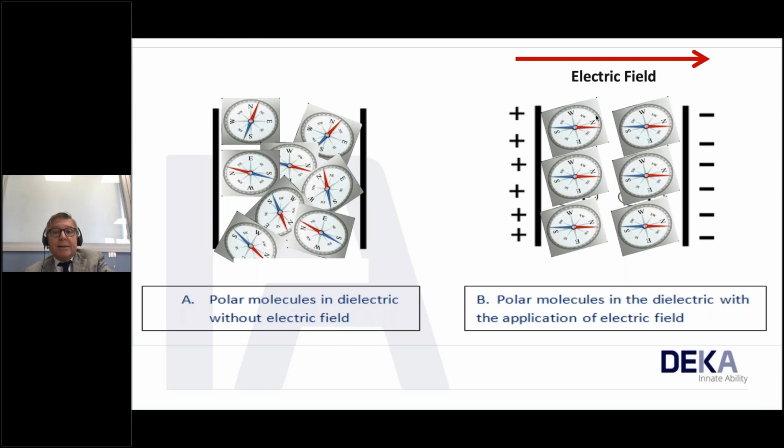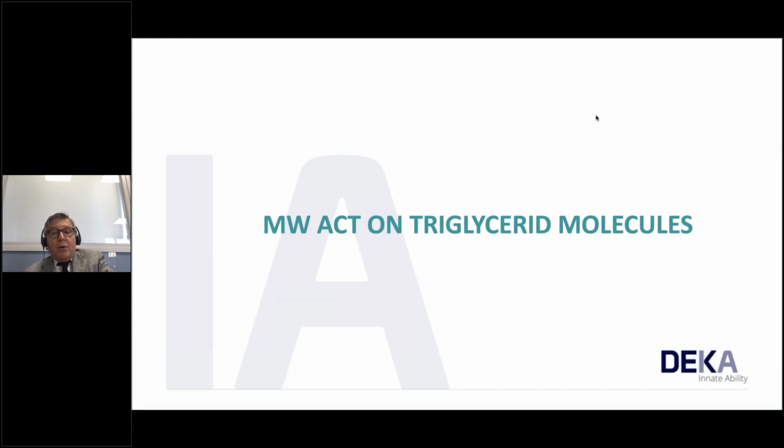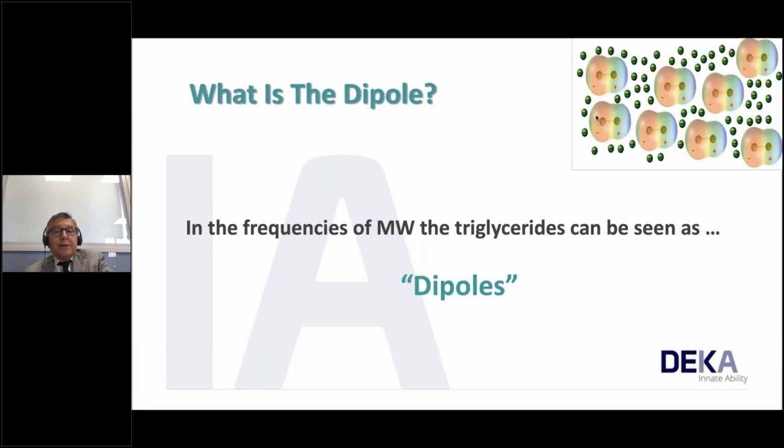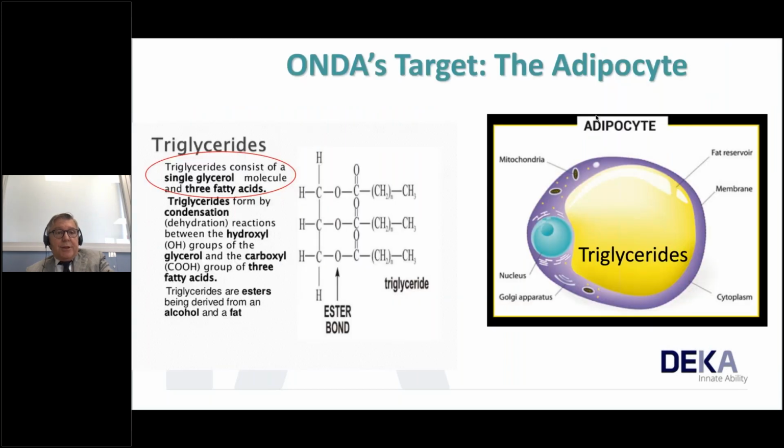What happens in our tissues, and how in the adipose tissue? You see that at the frequencies of microwaves, triglycerides can be seen as dipoles. Triglycerides consist of a single glycerol molecule and 3 fatty acids.